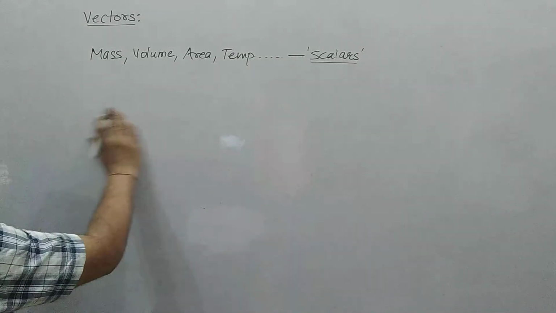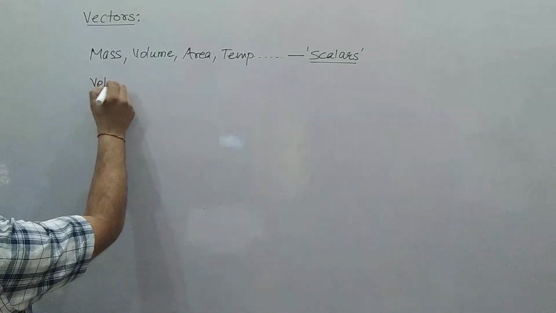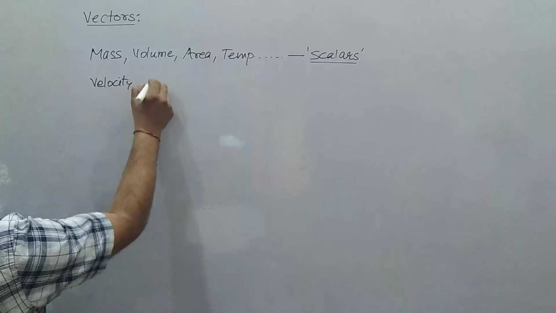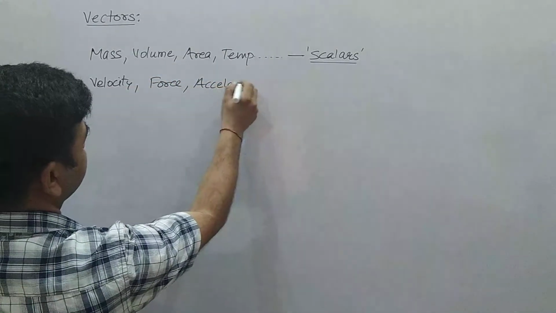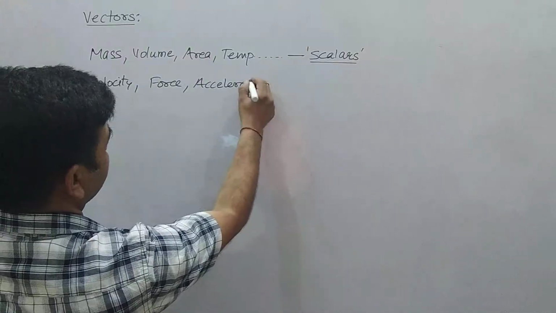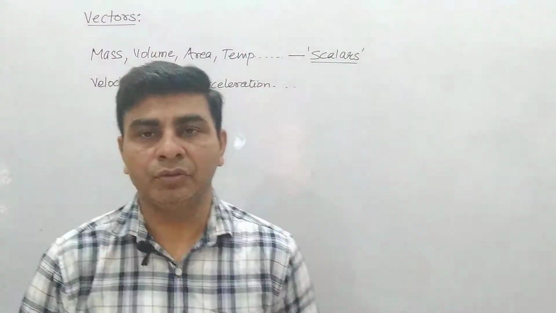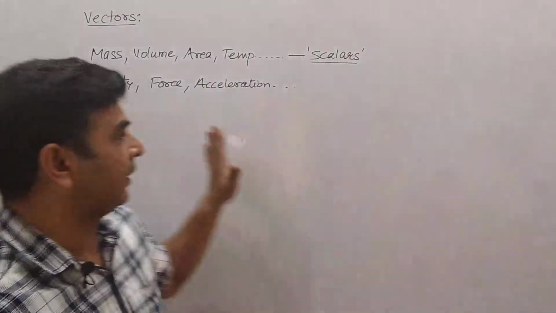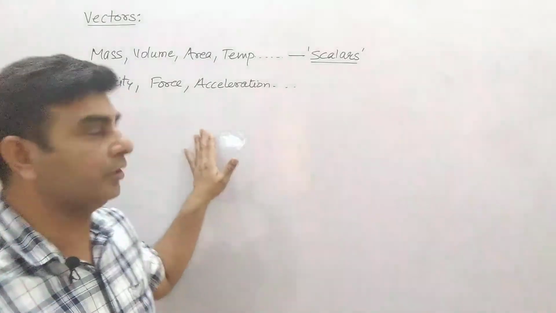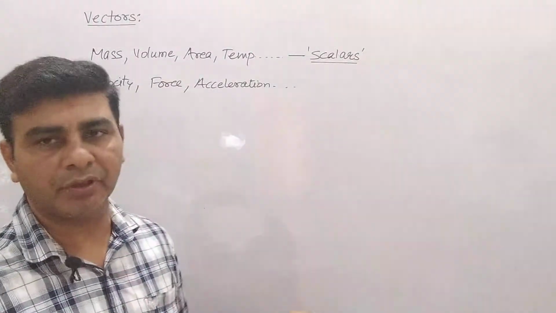But my dear students, there are some other terms like velocity, force, acceleration. These are the terms which are measured through their magnitudes as well as direction, because magnitude can't measure these terms completely. Direction also plays an important role.